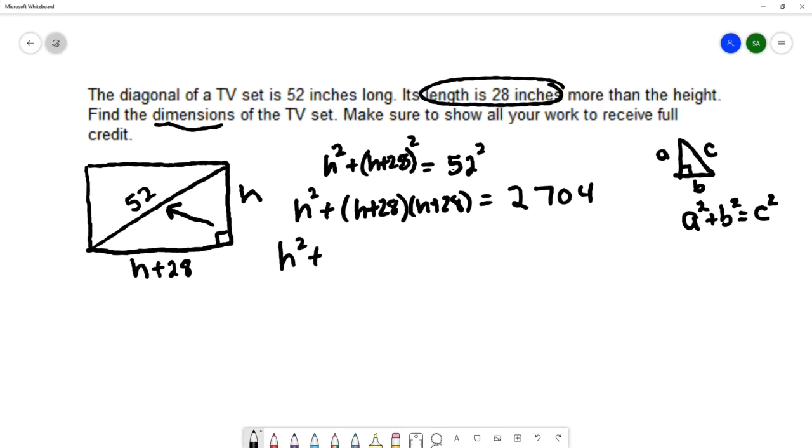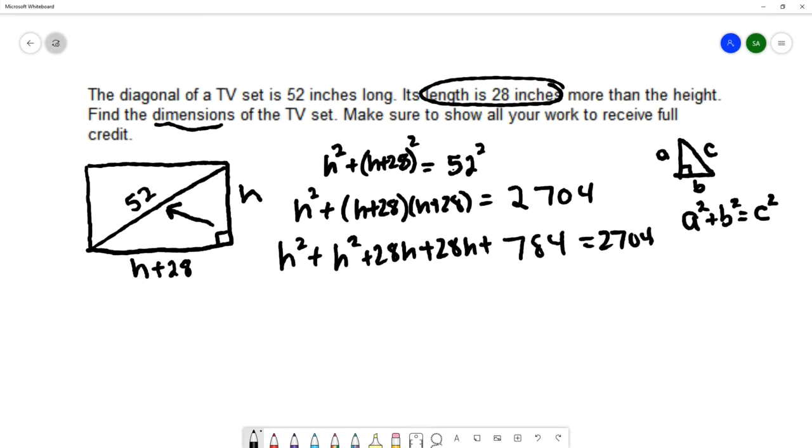And we'll multiply out (h plus 28) times (h plus 28). That's h squared plus 28h plus 28h plus, let's see, 28 times 28 is 784.